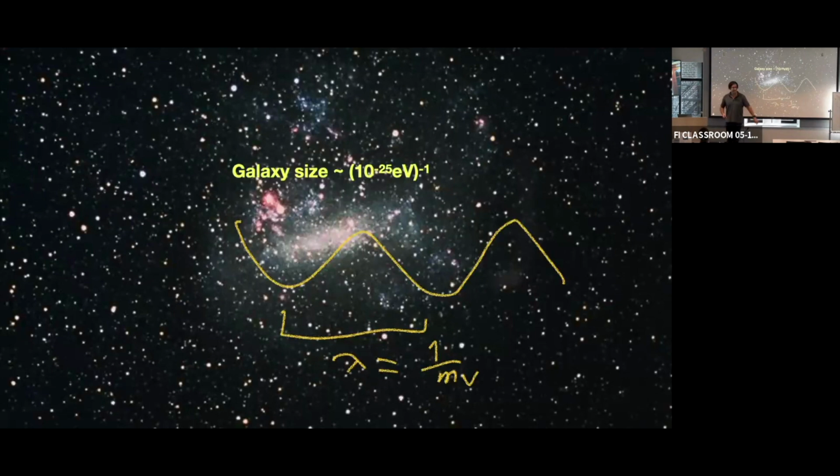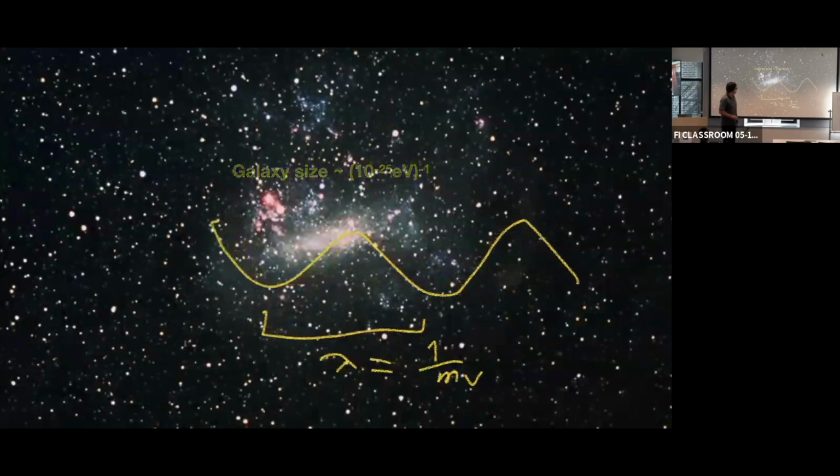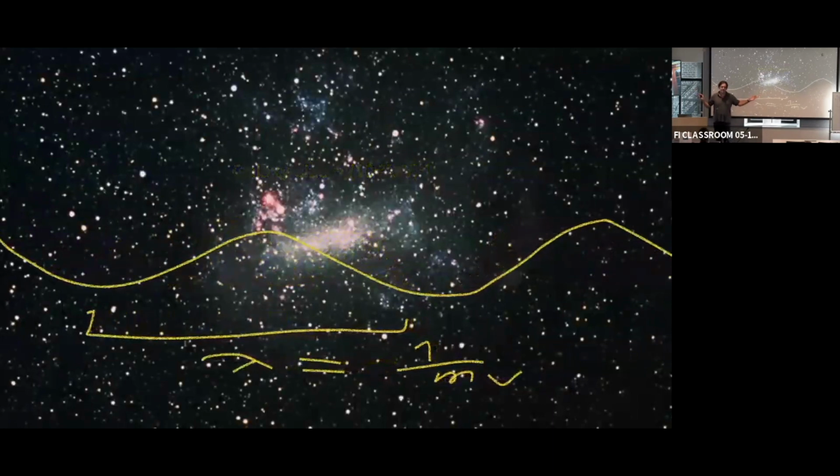If the momentum scale is comparable to this, then I can keep the dark matter particle inside of the galaxy. But if the momentum scale is too low and the wavelength of that particle is too large, then I'm not going to be able to keep the dark matter inside of that galaxy.